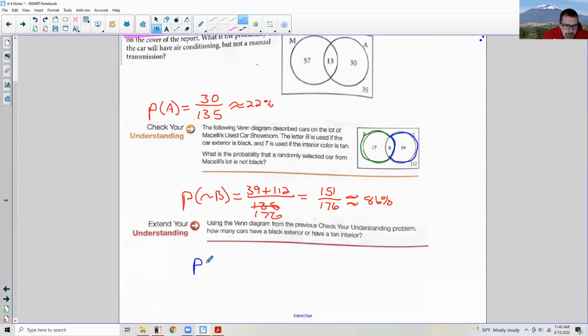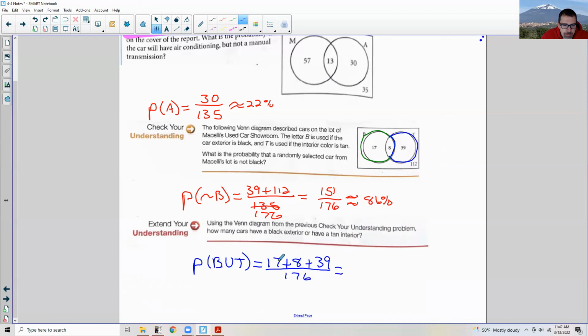So the probability of how many cars have a black exterior or, that's this, no, that's and, or that's union, or looks like this, by the way, black or tan, but is 17 plus 8 plus 39 over 176.